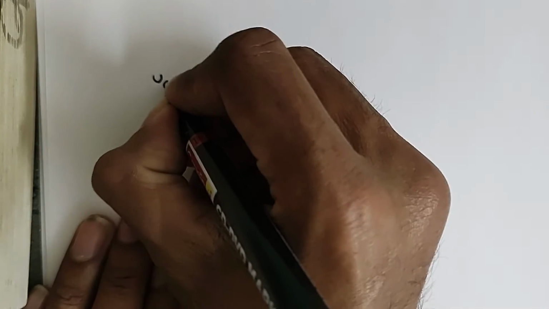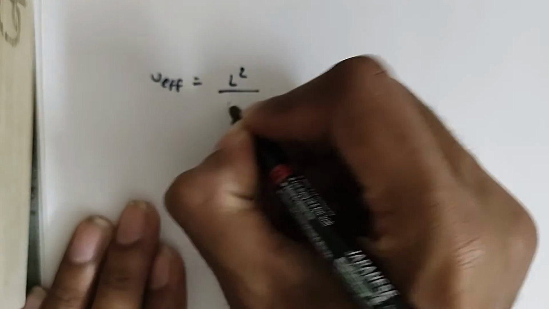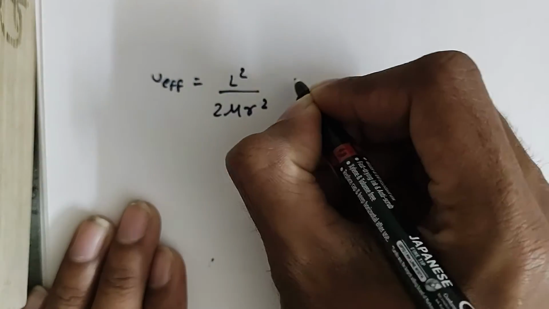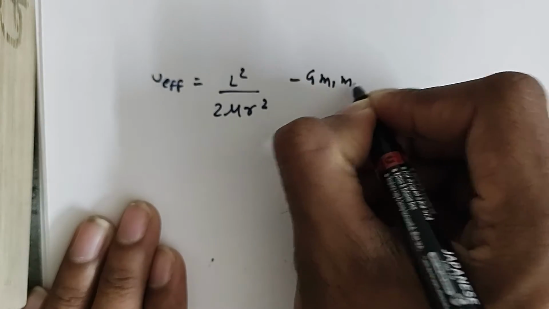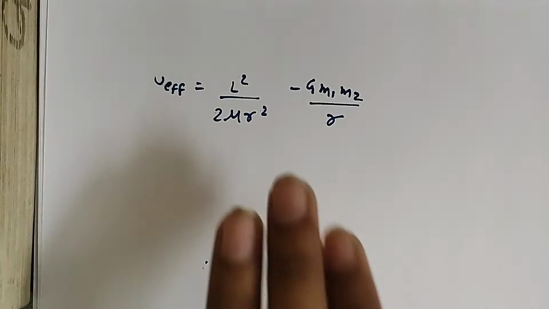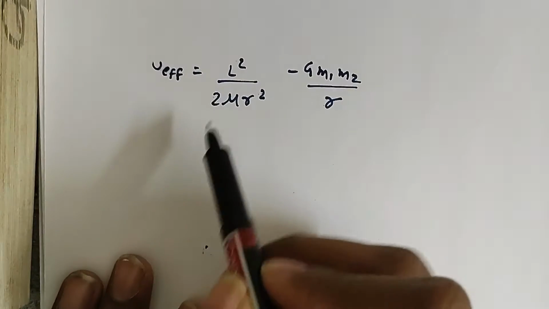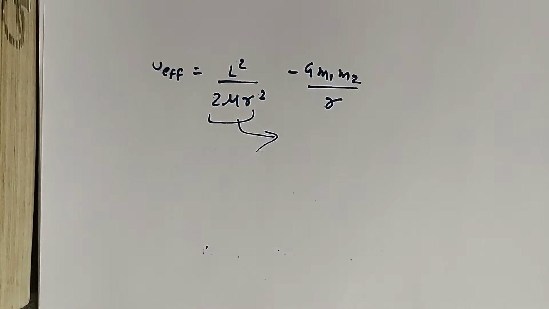So we can define a quantity called effective potential energy, which is defined as L squared upon 2 mu r squared minus G m1 m2 upon r. How this is different from our current potential energy is just that we have this additional term.